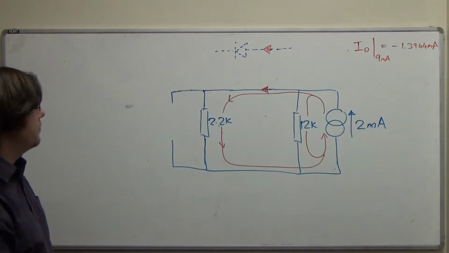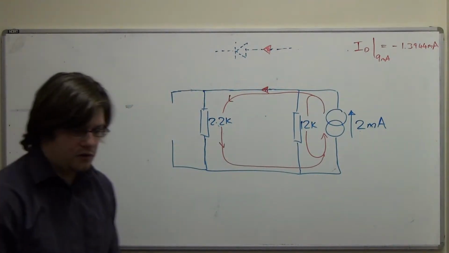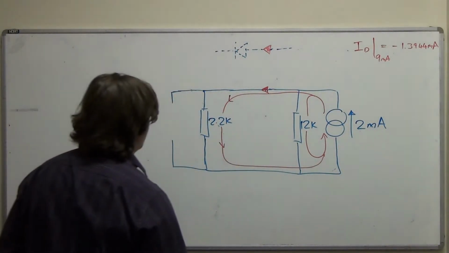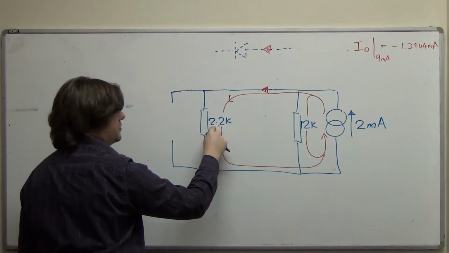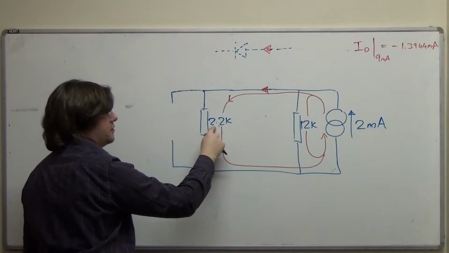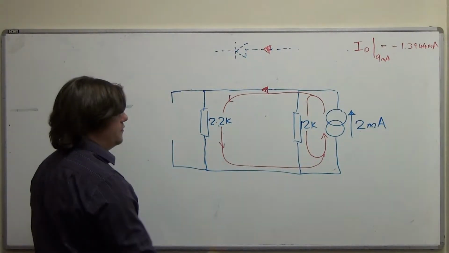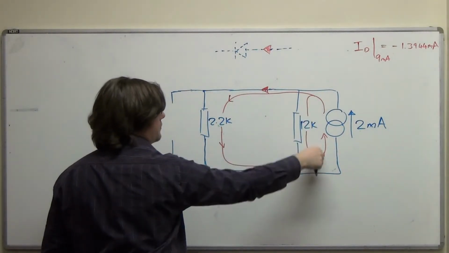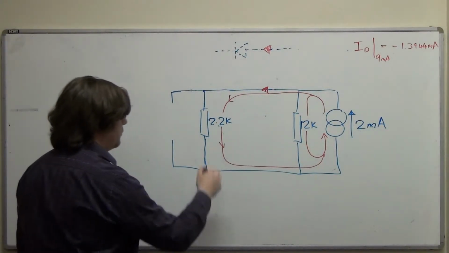So we know that the current in here and the current in here have to add up to 2 milliamps. So by the same logic as before, I'm interested in this current, which is this resistance. So if I want to know about this resistance, I'll use this value. If you prefer, you can use that one and subtract, because you'd end up with that current there. That will be fine as well. But we'll use this one.